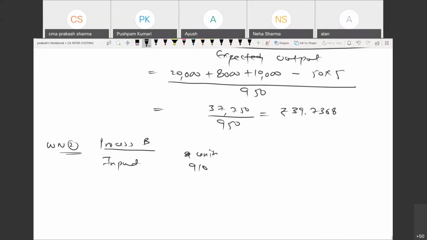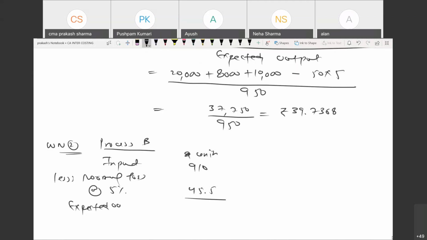Here again we estimate our normal loss. So our normal loss, less normal loss at 5%. So calculate 5% of 910, it becomes 45.5. We assume our output can take fraction values also.